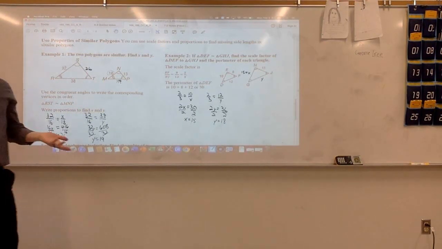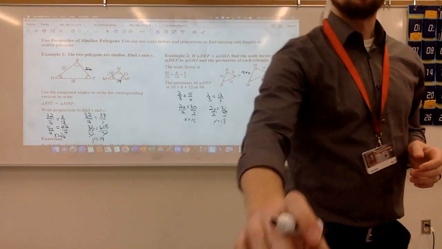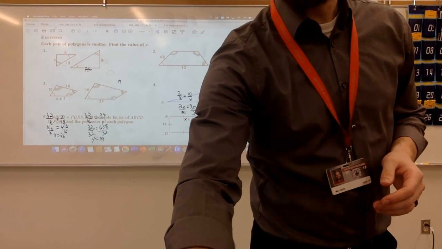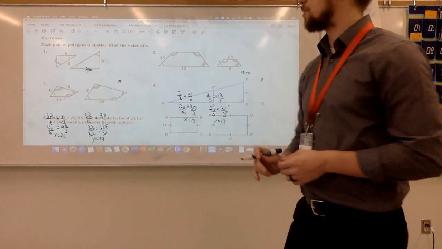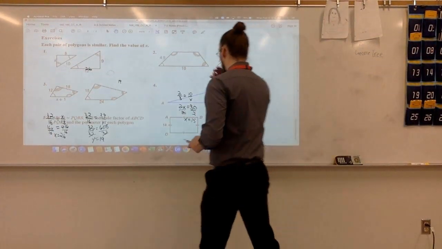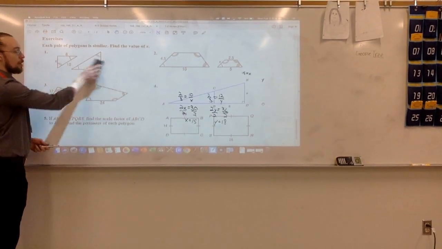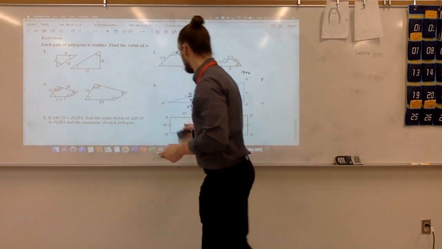And sometimes also we'll have variables. There are other ones that involve multiple variables that we can't just multiply by a scale factor. We'll have to set up a proportion to solve.